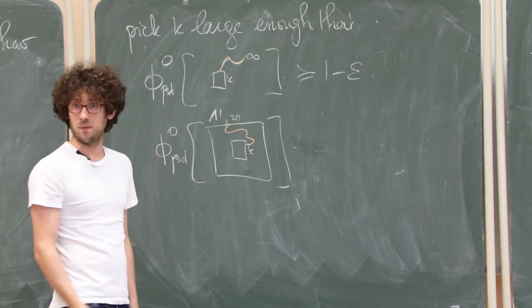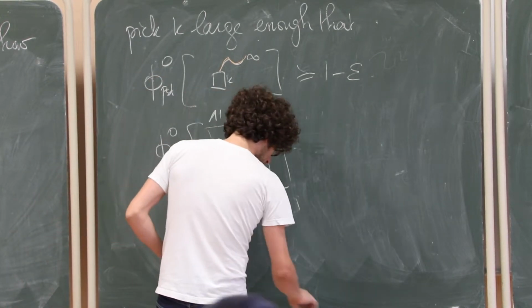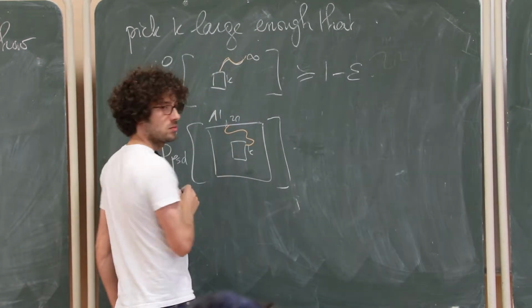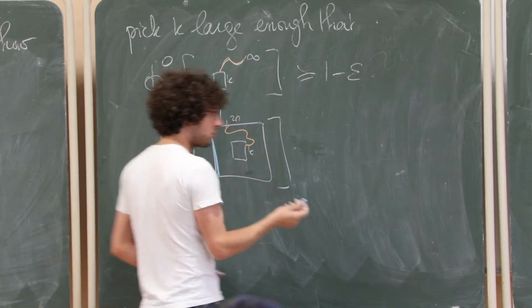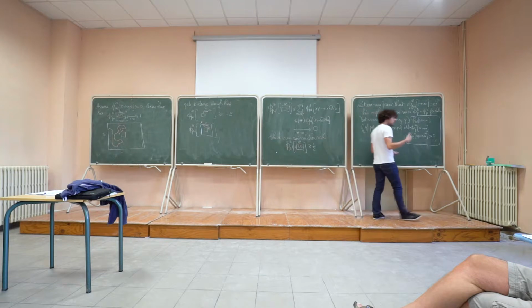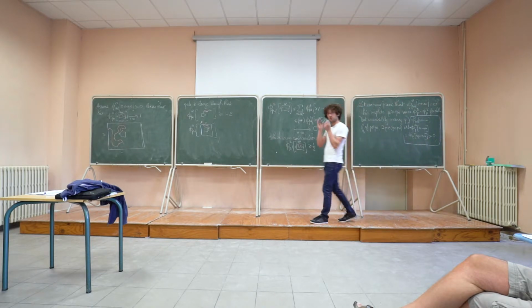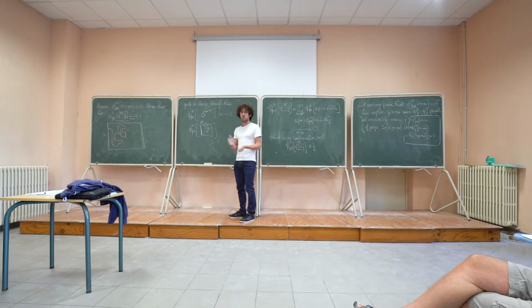That's just by inclusion of events. But now notice that the probability of having a path from this to the top is the same as the probability of having a path from this to the left, the same as to the right, or to the bottom. So I have 4 events which have the same probability, for which the probability of the union is 1 minus epsilon at least.